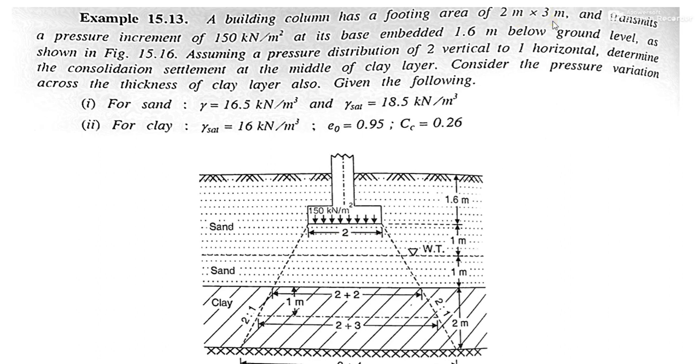But this is a square or rectangular footing, rectangular footing. So the area is 2 into 3 and it transmits a pressure increment of 150 kilonewton per meter square. So the pressure is transmitting 150 kilonewton per meter square.